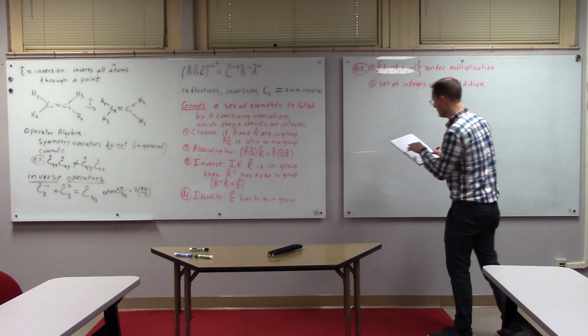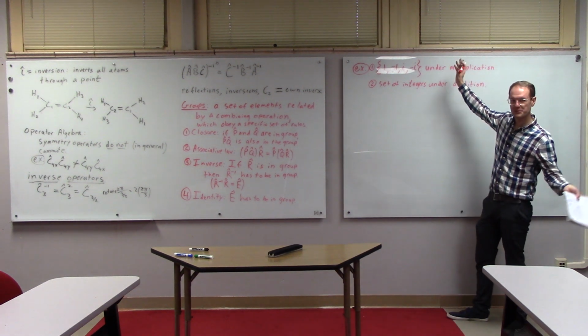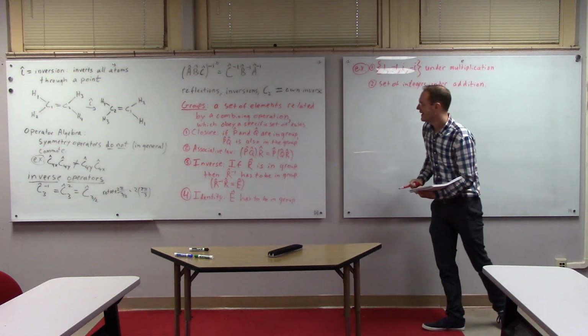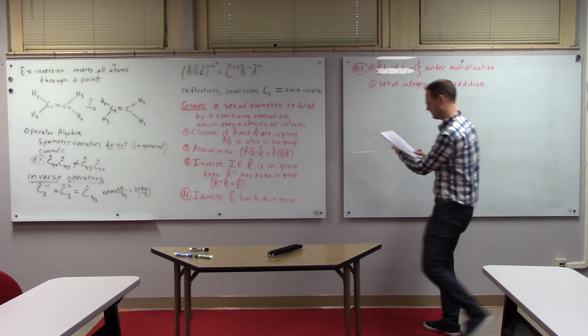Okay, and so, yeah, these would be sort of mathematical groups that a mathematician might care about. But in chemistry, the most important type of group theory is point group theory.